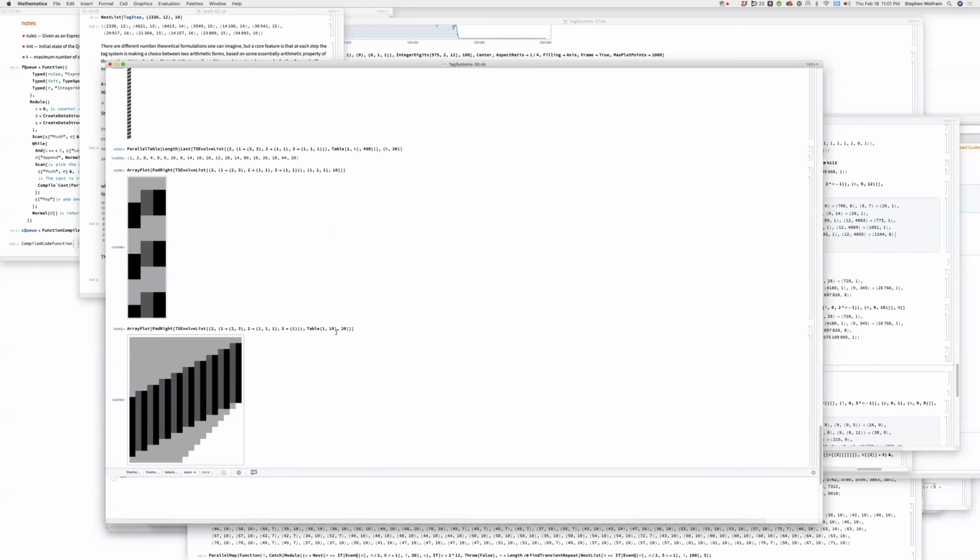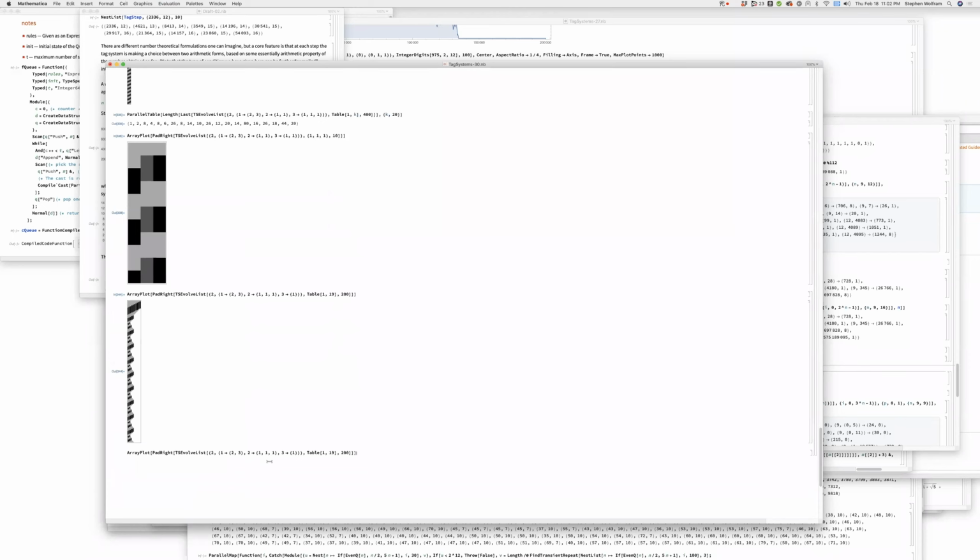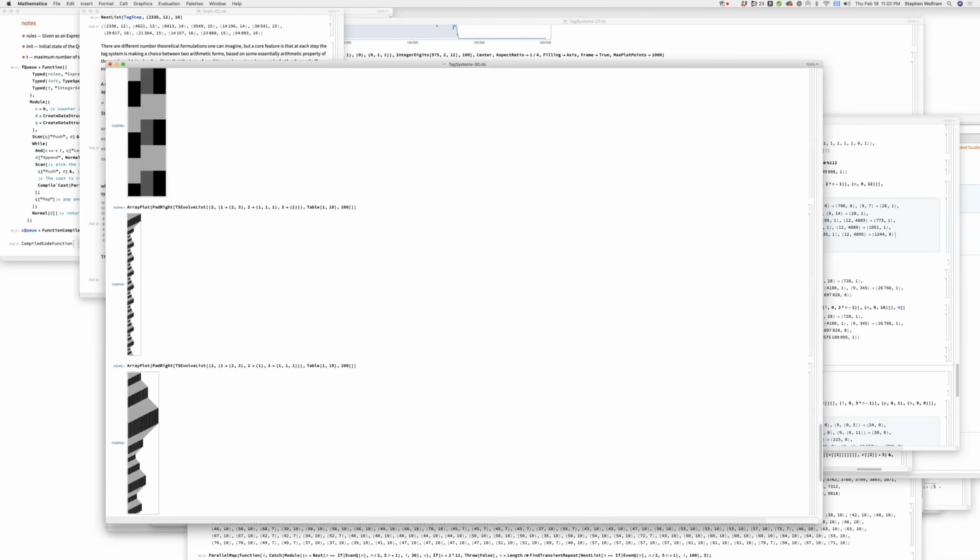Although it's a modified 3m plus 1, I think. Is that exactly 3m plus 1, or is that something different? Looks different. Oh, it looks like I guess that's the same. It's not the same. It's a different recurrence.